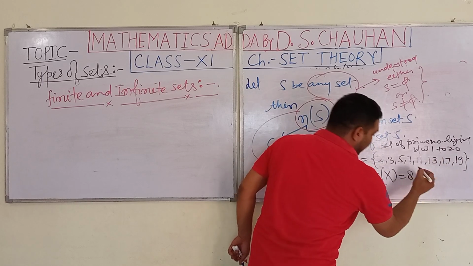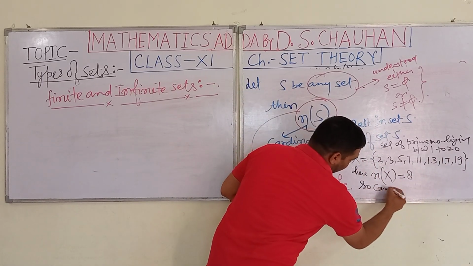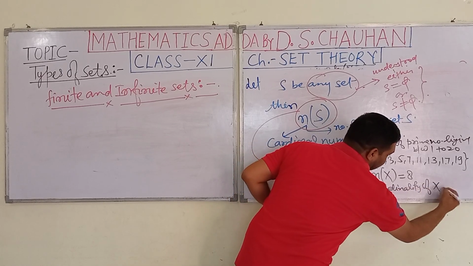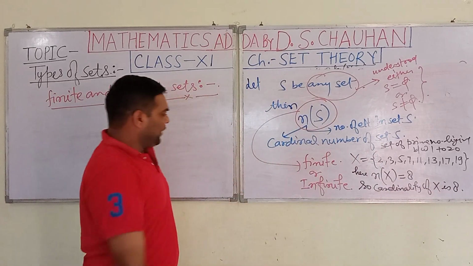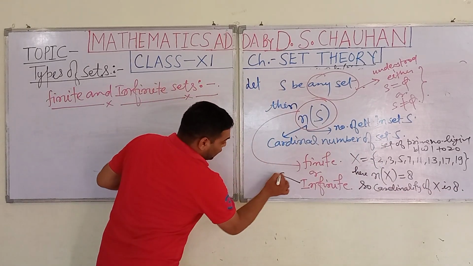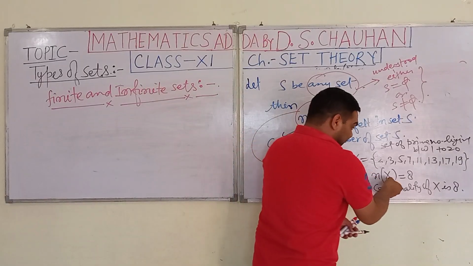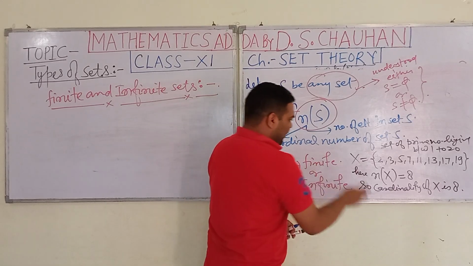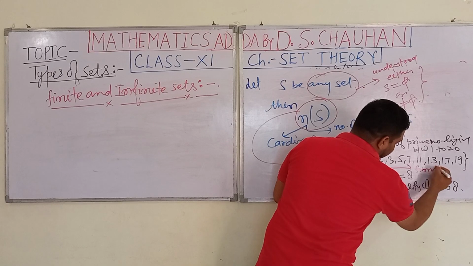Students, here the cardinality of set X, it is n(X), will be the number of elements in the set. How many are these? 1, 2, 3, 4, 5, 6, 7, 8. These are 8 in number. So the cardinality of X is 8. I hope it is clear to all my students.